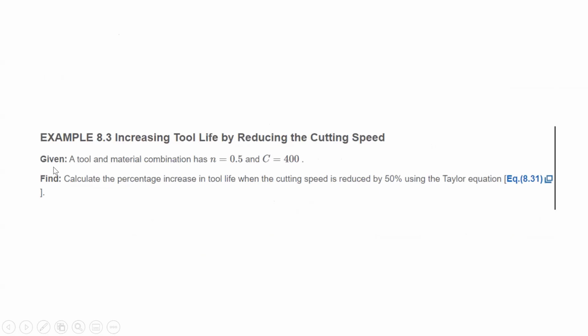Here is one example: a tool and material combination, and we have n equals 0.5 and C equals 400. We are asked to calculate the percentage increase in tool life when the cutting speed is reduced by 50%.